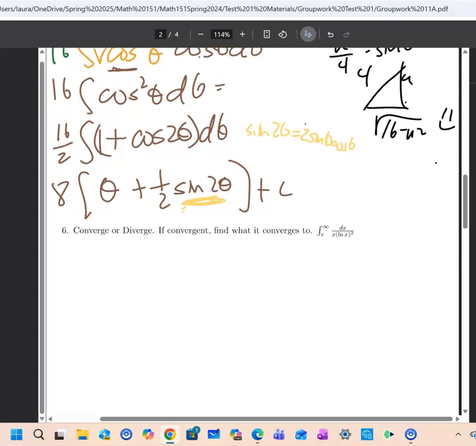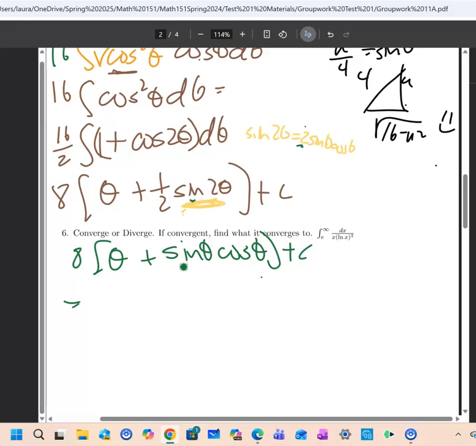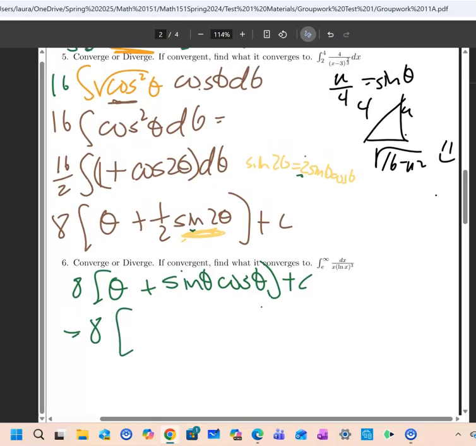Okay, so let's redo that. So 8 theta plus, oh, look at that. If I put 2 sine theta cosine theta, the 1/2s cancel. So I get sine theta cosine theta plus a c. Okay, let's do it. So I get 8 theta. How am I going to get theta? I get theta from here.